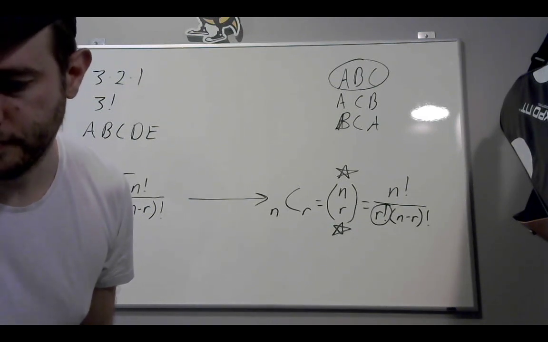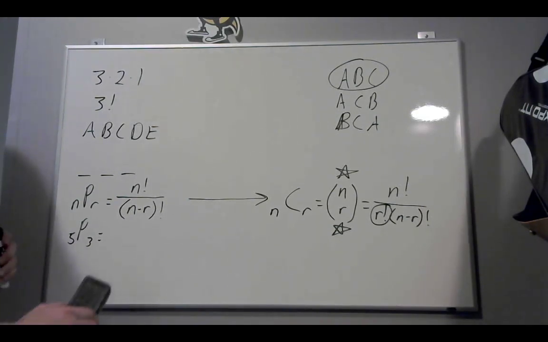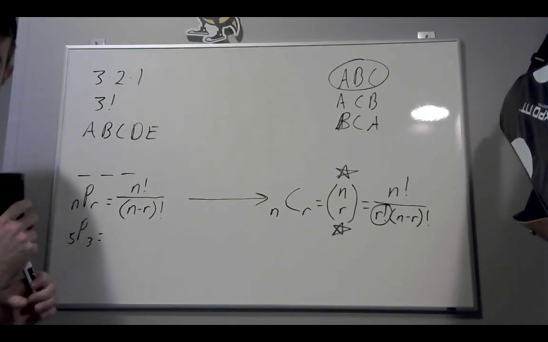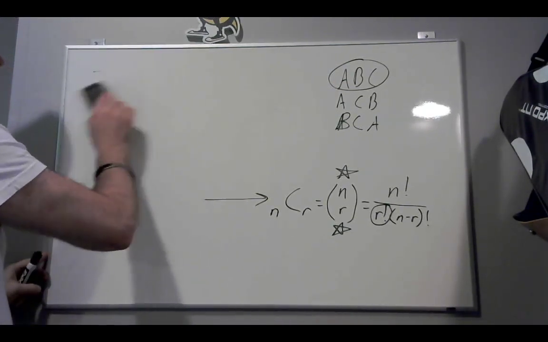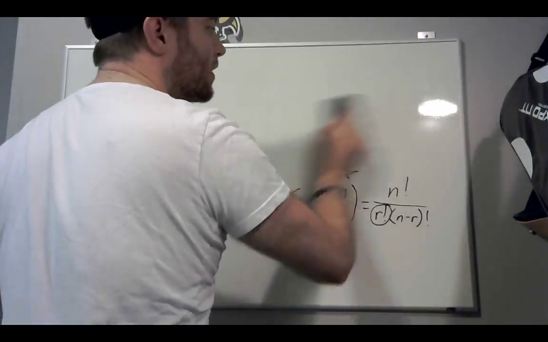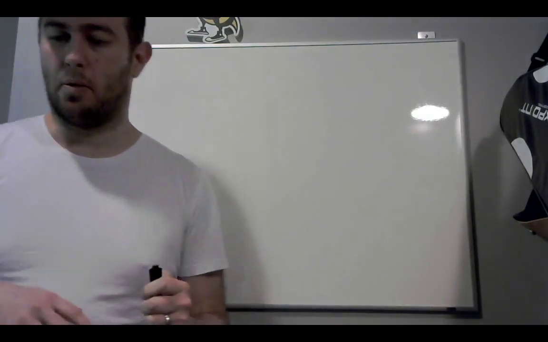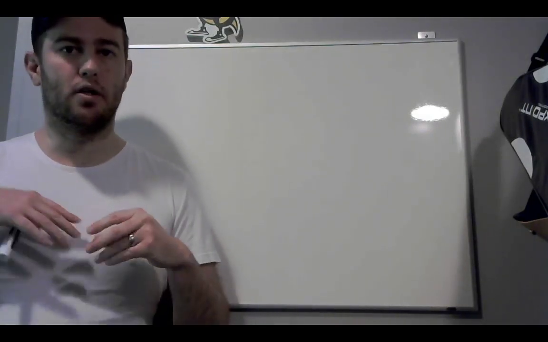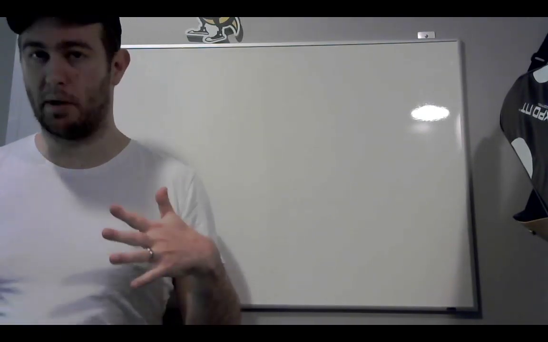Alright, so first example, it says a president, a vice president, and a secretary are chosen from a 25-member garden club. We want to try to figure out how many different ways we could have a president, a vice president, and a secretary given 25 members.